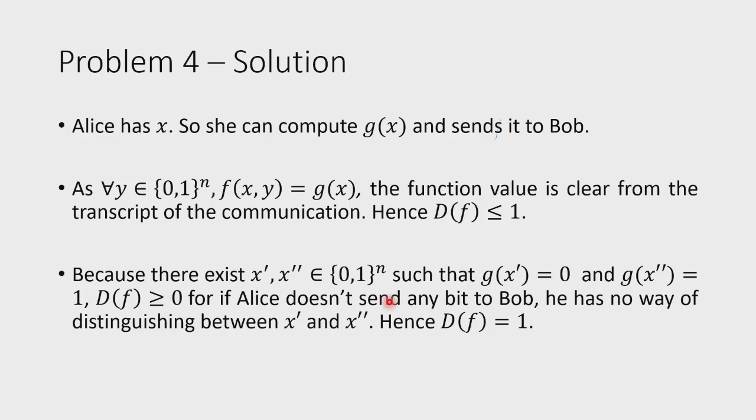For if Alice doesn't send any bit to Bob, he has no way of finding out whether Alice's input is x' or x''. So Alice has to send at least one bit to Bob. That implies D(f) is at least 1, and combining it with this, you get D(f) is exactly 1.